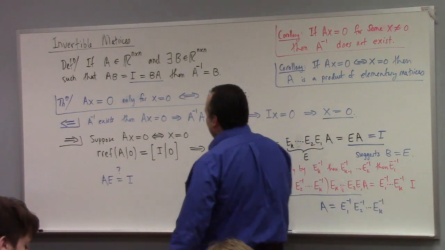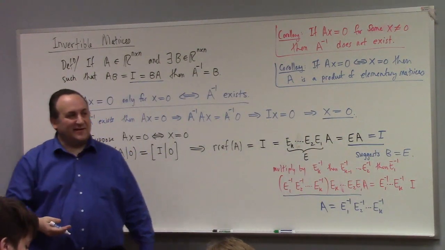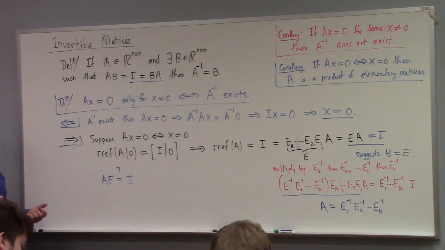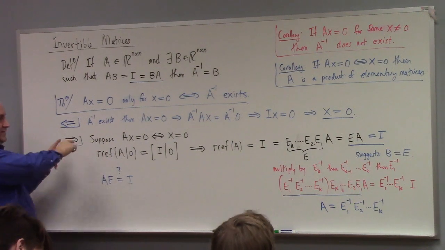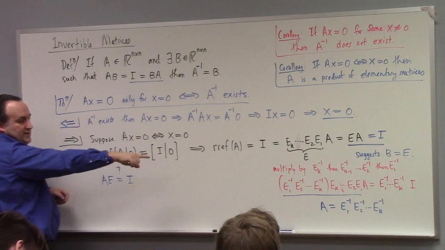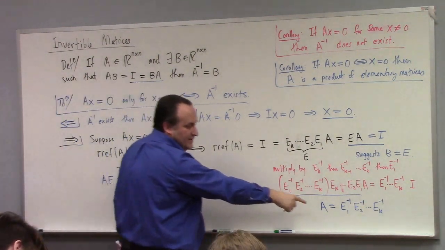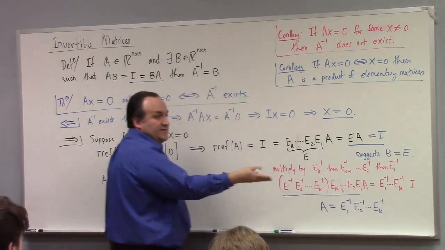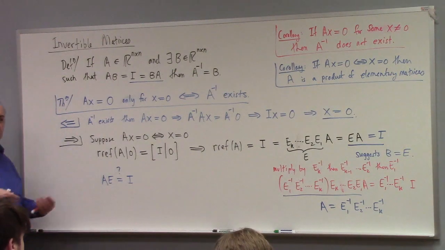Not as useful a corollary as the one above it, but nevertheless interesting, right? You see how that goes? We just assumed AX equals 0 only if X equals 0. We did this calculation and found this formula. A is a product of these guys. But remember, the inverse of any elementary matrix is itself an elementary matrix.